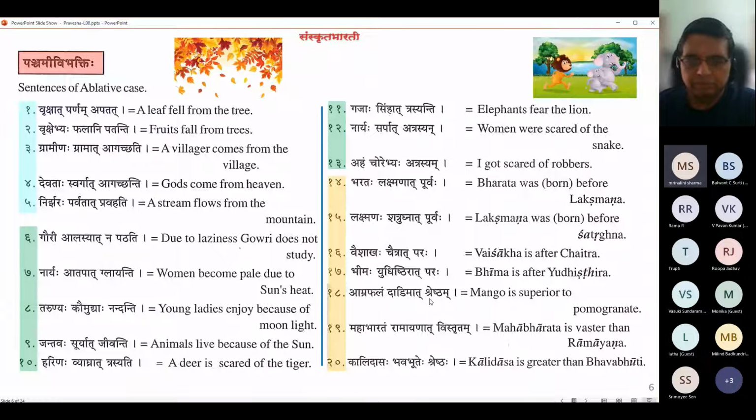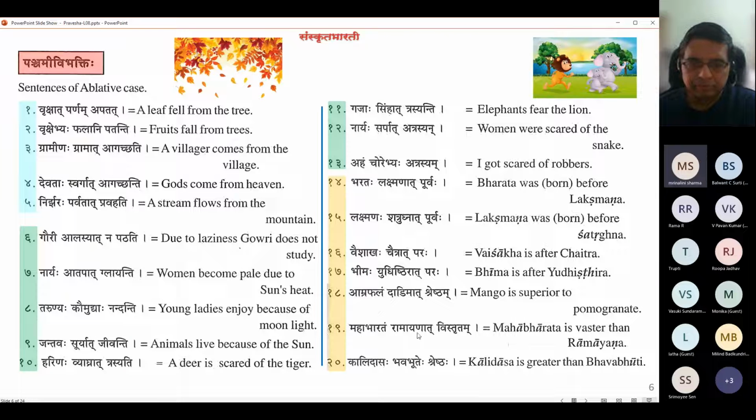Amrapalam Dadimat Shreshtam. Mango is superior to pomegranate.